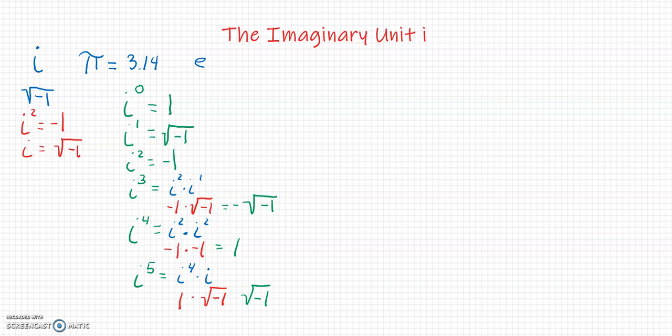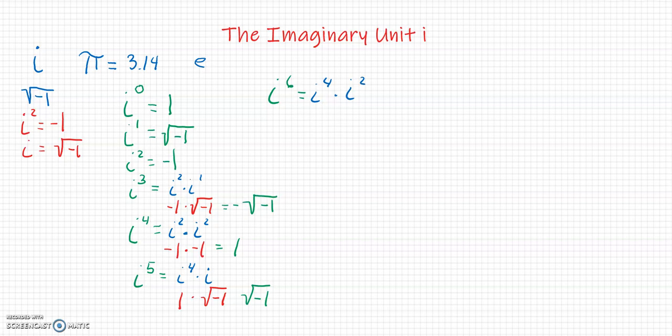So it looks as if this cycle is starting to repeat itself. So let's see. Let's do i to the 6th. If everything is on track, i to the 6th should give us the same answer as i squared. So let's see. i to the 6th is the same thing as i to the 4th, and I'm using 4th because we know that's simply 1, times i squared.